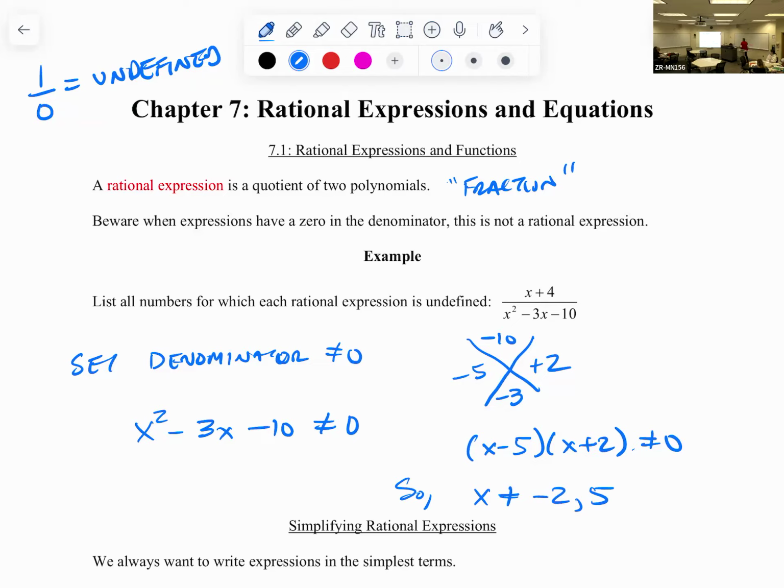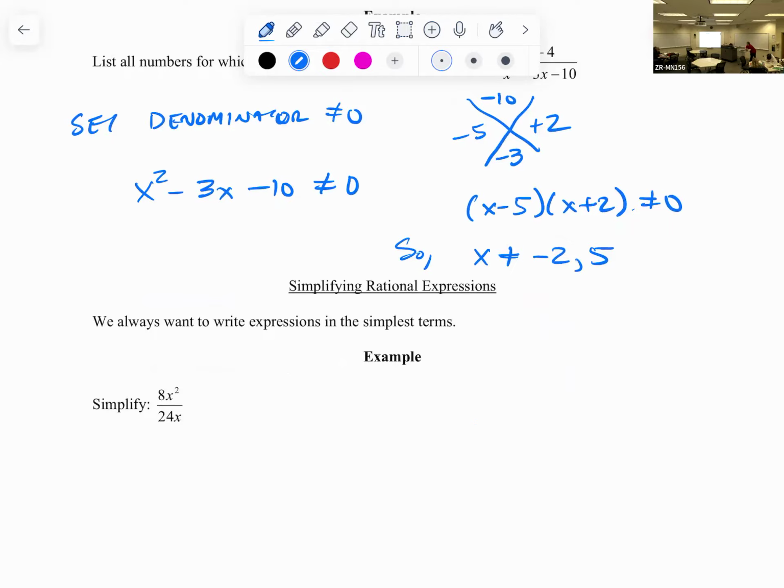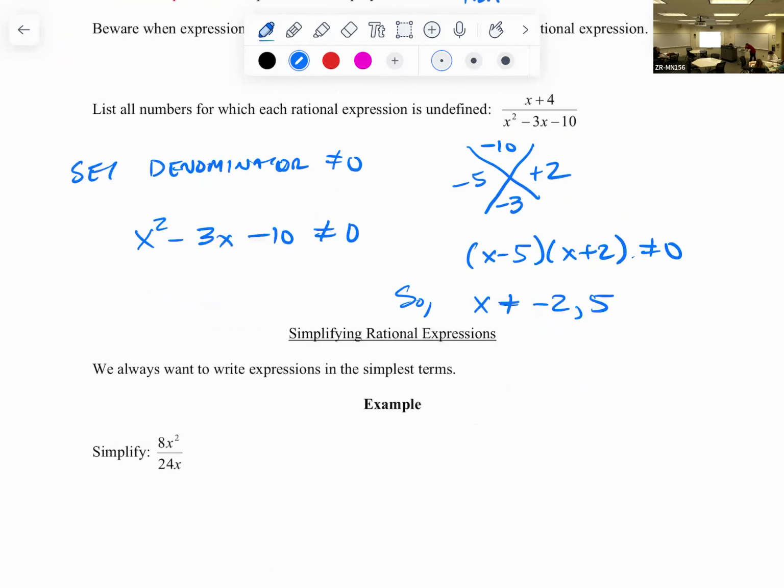And basically, x cannot be -2 or 5, because if I plug either of those numbers in, that would give me 0 in the denominator. And I could check that pretty easily. Let's check 5.